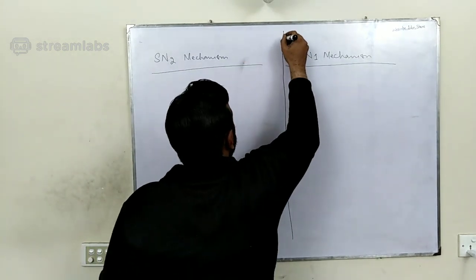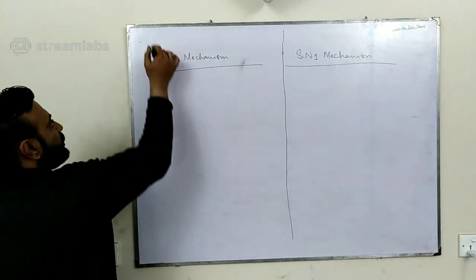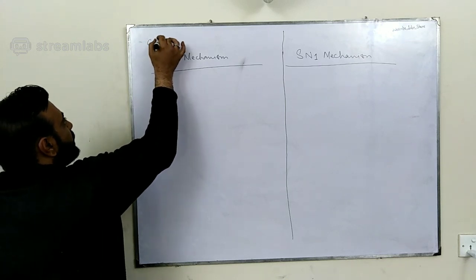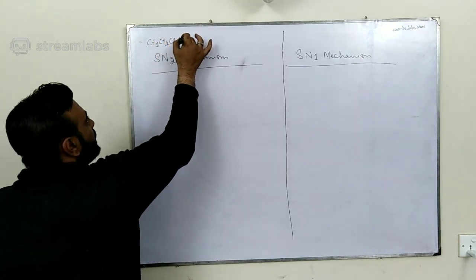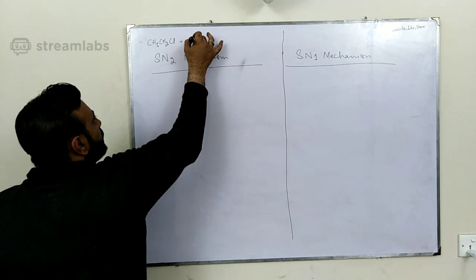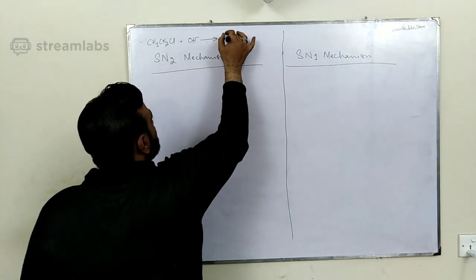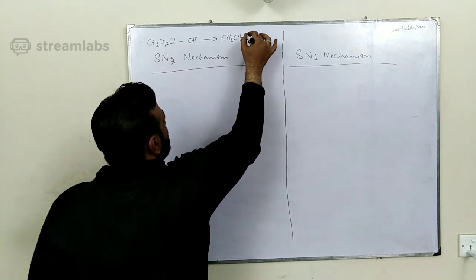For example, for the Sn2 mechanism, we are dealing with this reaction: the reaction of chloroethane with aqueous potassium hydroxide, which produced ethanol.